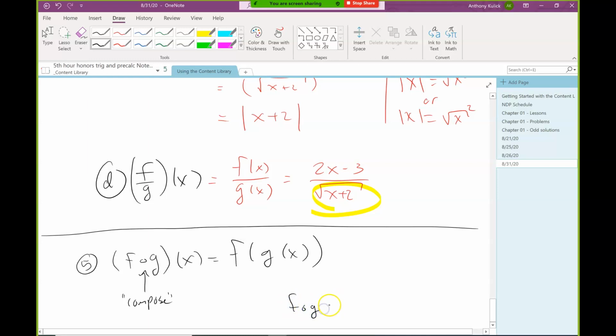Fog should look like this versus f compose g, because the circle's in the middle of the letter instead of at the bottom, like you would for a lowercase o. I know it's subtle and it's hard when you're writing in penmanship, but there's no fog in math, right? So just so we know.